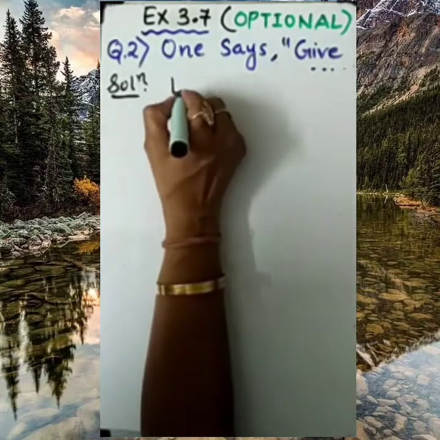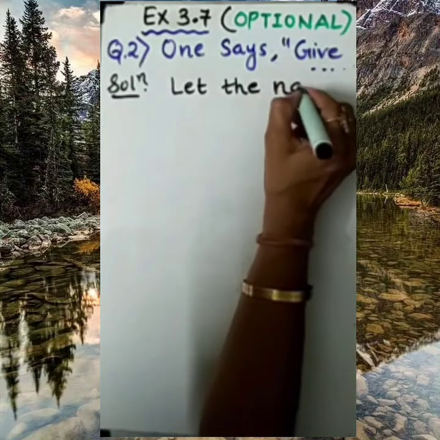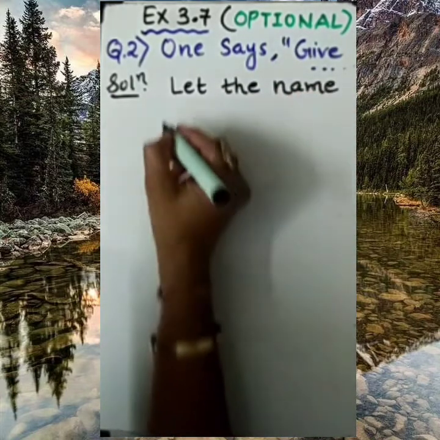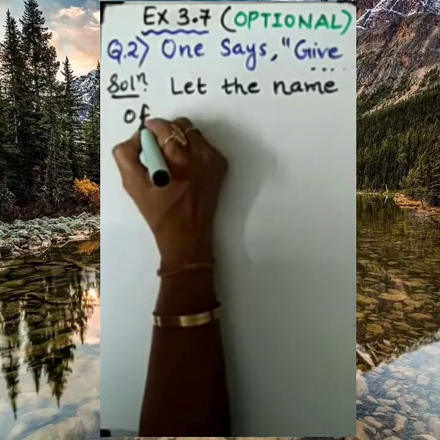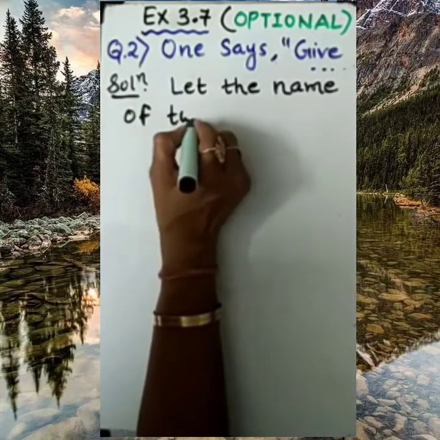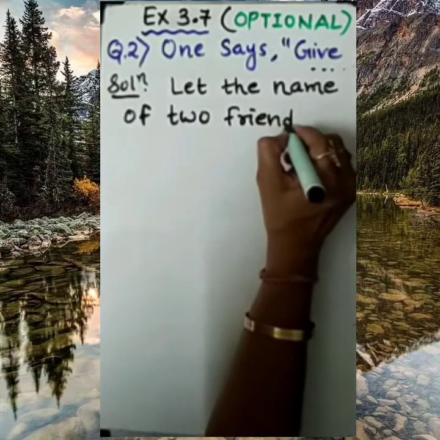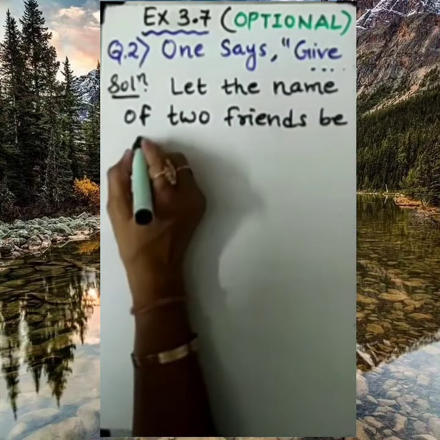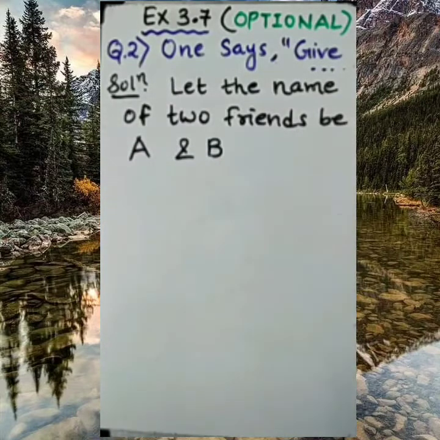Let the names of the two friends be A and B. We could also take x and y, but it will create confusion because for their amounts we will consider x and y.